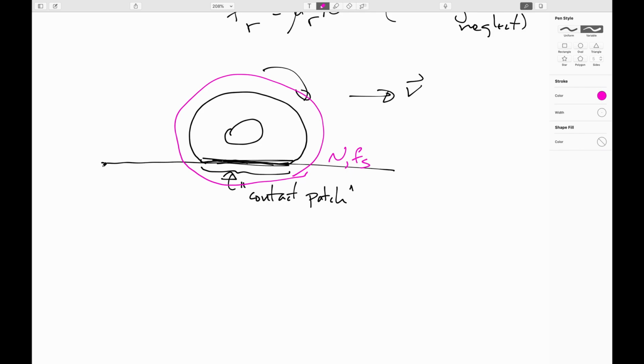So as you drive along, you lay down tire compound, and you end up getting a buildup of tire material in the back.